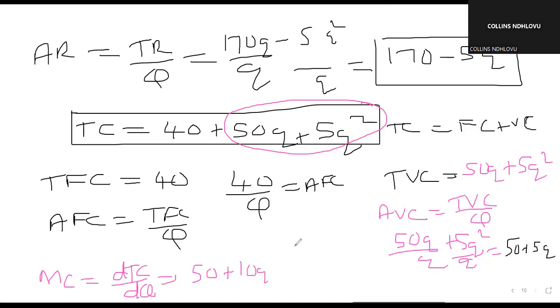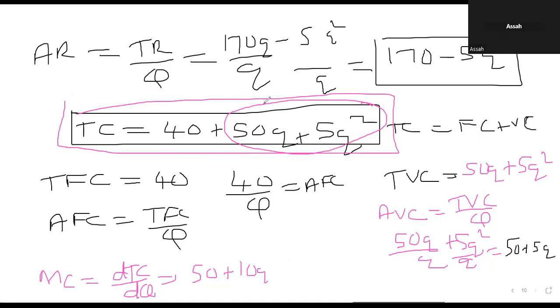Any questions so far? Which one are you differentiating? This, the total cost. Oh, okay. All right. The 40 is 0, the 50Q is 50, the 5Q squared is 10Q. Right.